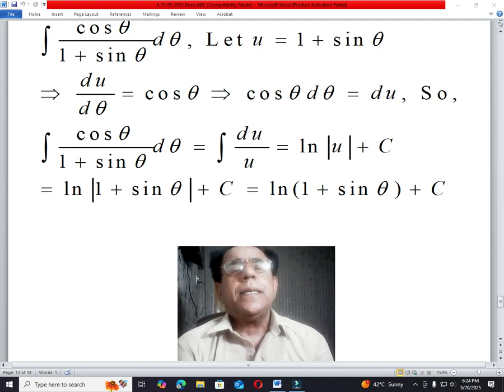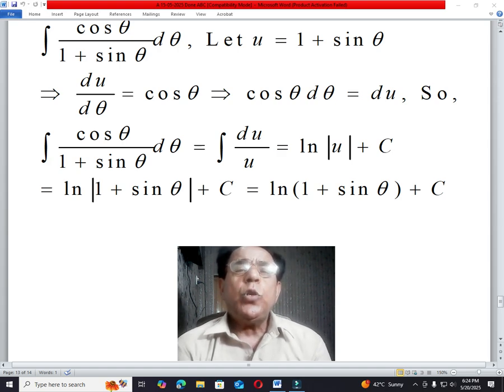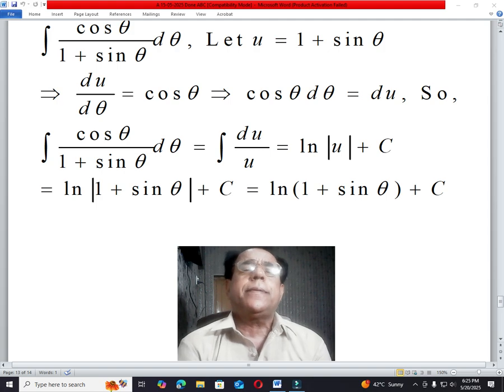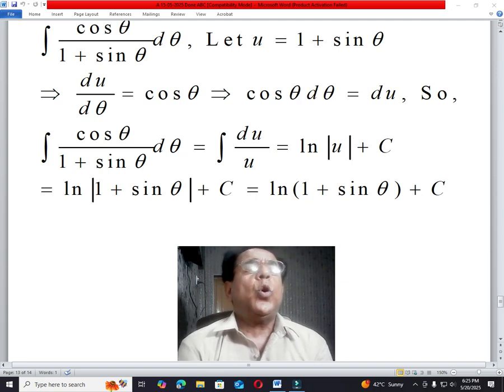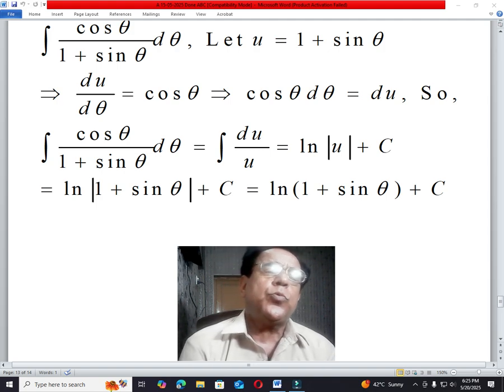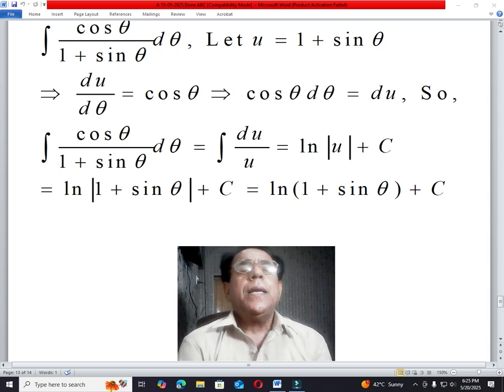So its answer will be natural log of the absolute value of u, or modulus value of u, plus c. This is as per the formula of integration. This is equal to log of 1 plus sine theta plus c. What we have done is resubstituted u by its original value. To this extent our answer is complete.